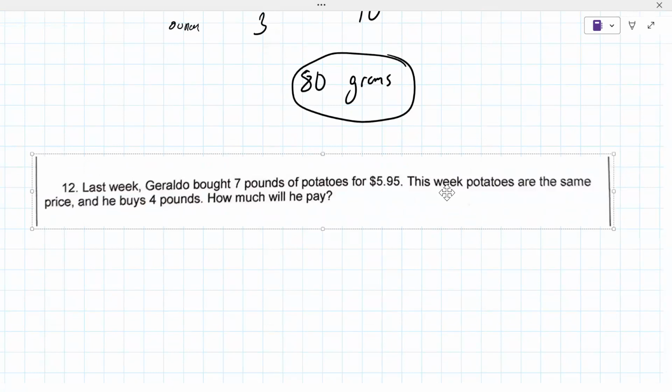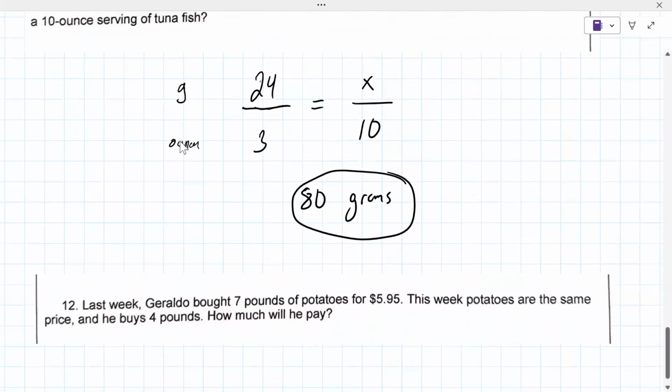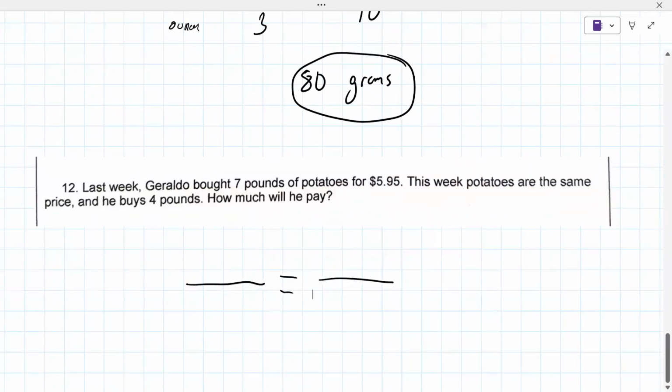So this is another proportion here. It doesn't really matter what you put where, you just have to be consistent. So I'll let you decide. And I would again recommend labeling the units or the situation, the given and the thing, up to you. 5.95 or 7.